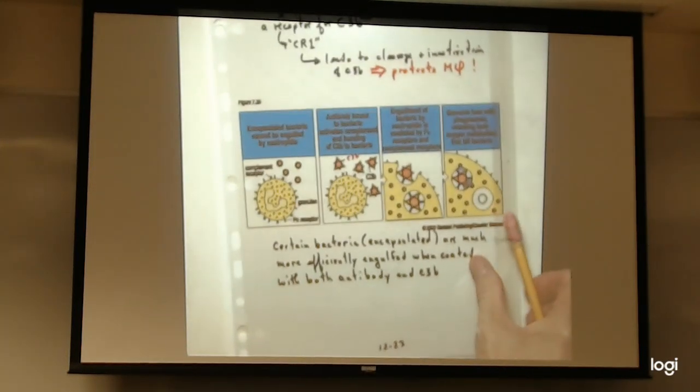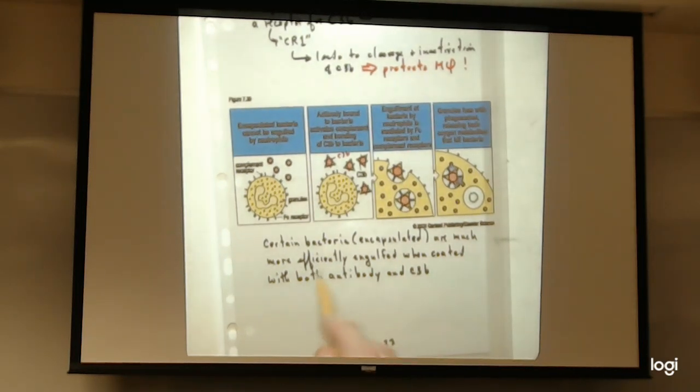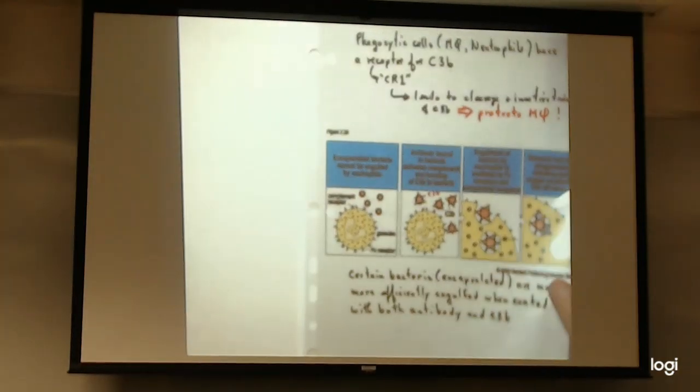Certain bacteria, especially ones with mucus polysaccharide coats and so forth, are much more efficiently engulfed when they're coated with both antibody and C3b.